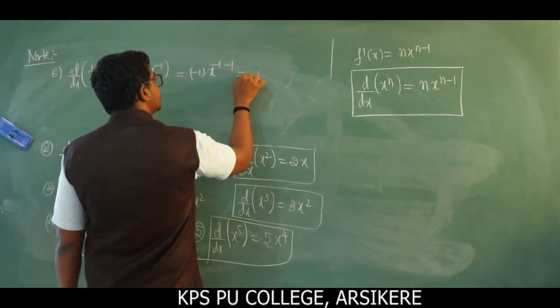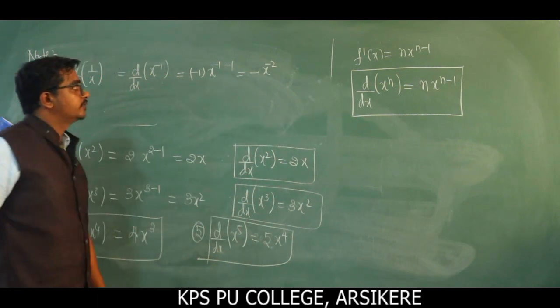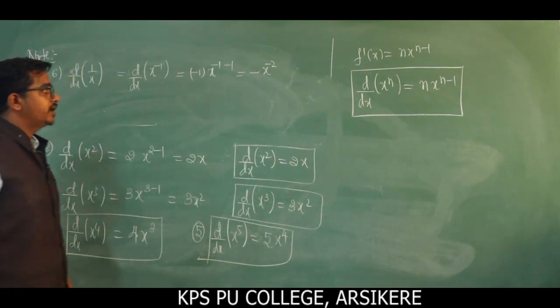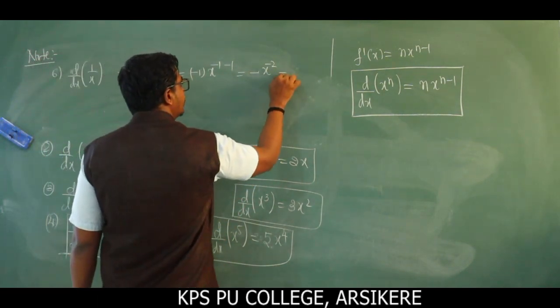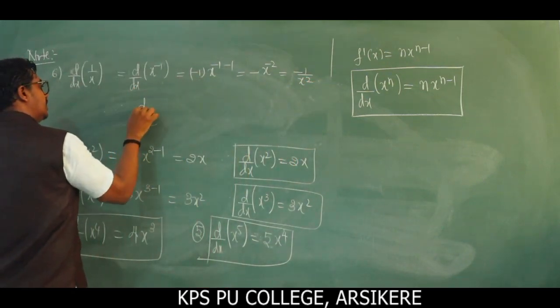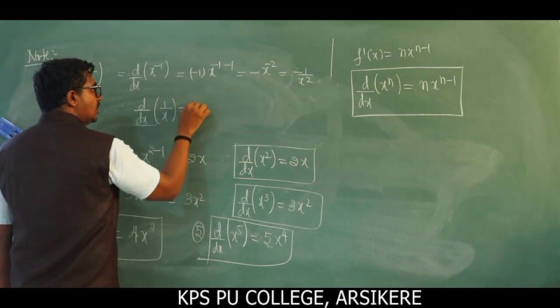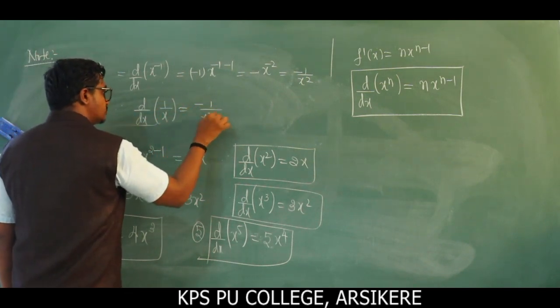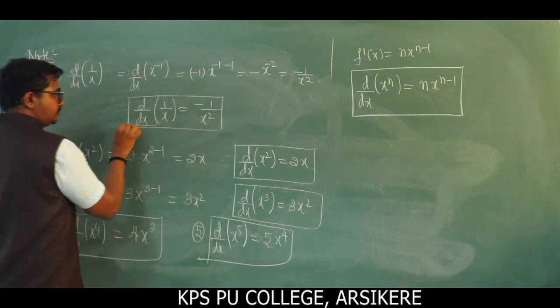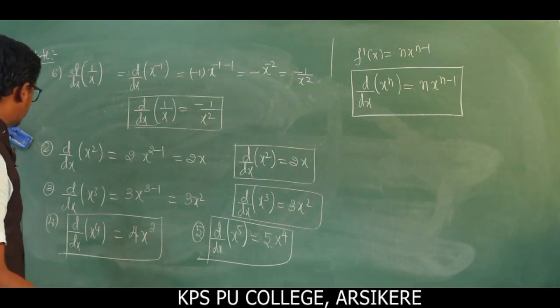So this becomes minus x power minus 2. Minus 1 is there, that multiplied with minus x power minus 2 is nothing but minus 1 divided by x square. Therefore, d by dx of 1 by x is equal to minus 1 divided by x square. This is the formula. Differentiation of 1 over x is equal to minus 1 by x square.